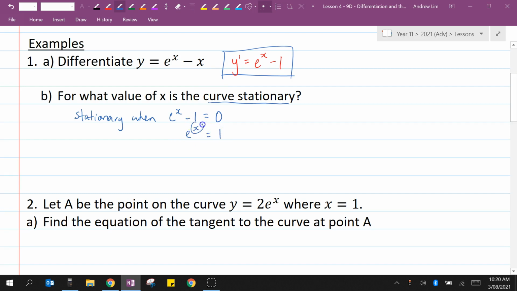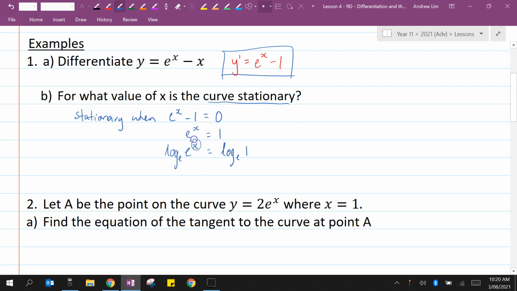Whenever we want to find an unknown power, we need to take the log. So I'm going to do log base e of e to the x is equal to log base e of 1. I'm just going to take the natural log of both sides. And because we've got log base e of e, they cancel each other out, and I'm just left with x.